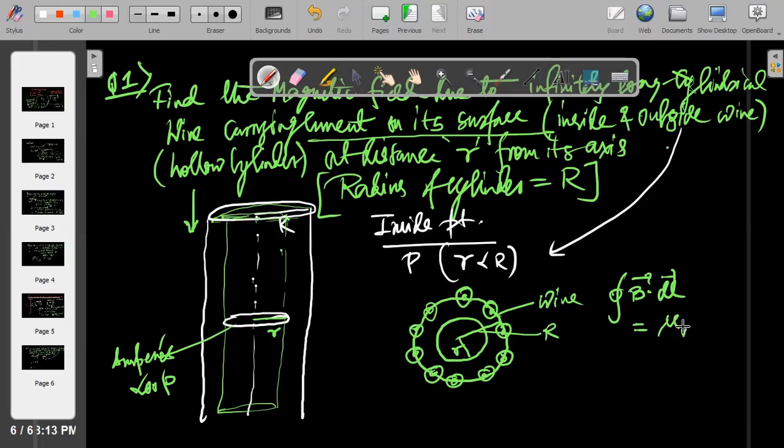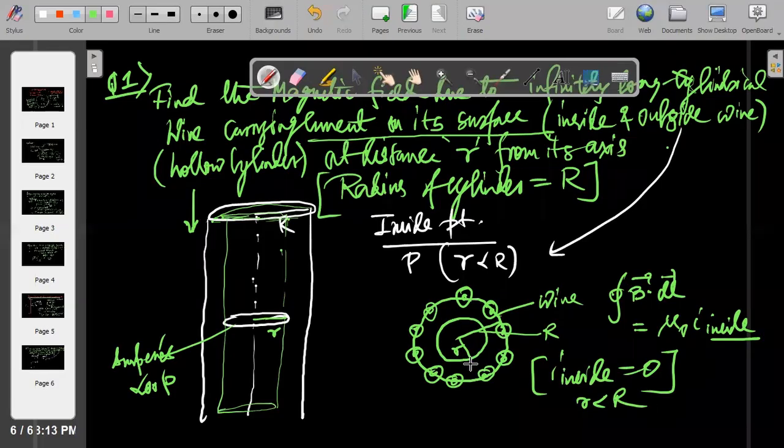This will be mu naught into I inside, right? What I told, inside, what will be the current, that is your Ampere's law. Mu naught into I inside. Obviously inside there is no current, so I inside is 0 here for r less than R. No current is flowing inside.